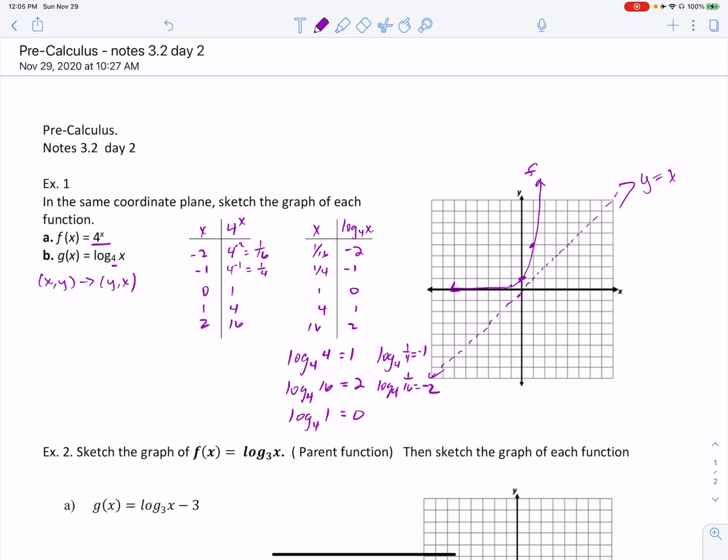And so when I reflect these points, the ordered pair changes. So instead of being at 0, 1, you're at 1, 0. Instead of being at 1, 4, you are at 4, 1. And then you'd be off the grid that way. And instead of having a horizontal asymptote like exponentials, you have a vertical asymptote. And so at 1/16, you're at -2.